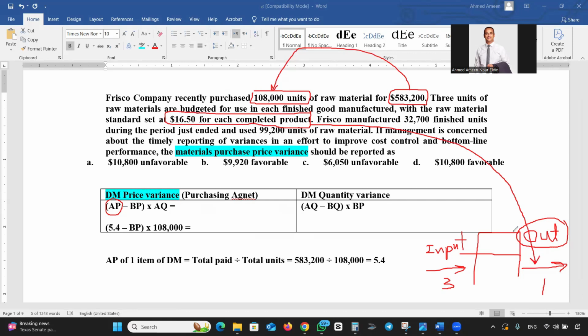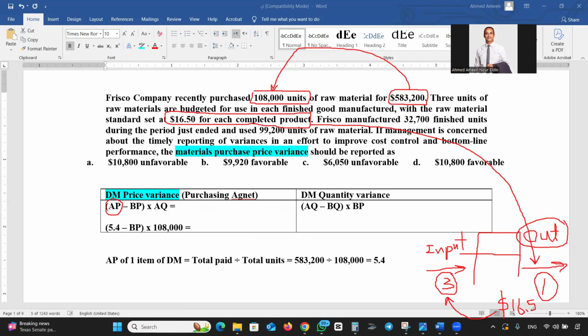Here is the tricky idea. Each unit here takes a material of $16.5. $16.5 of material is needed to manufacture one product. So if I need to calculate one material cost, I have to divide 16.5 by 3. Why?